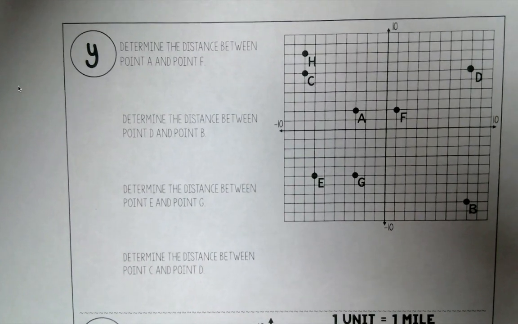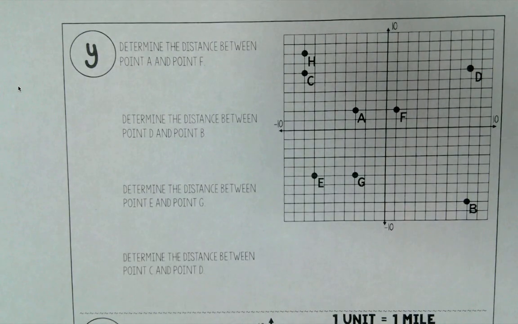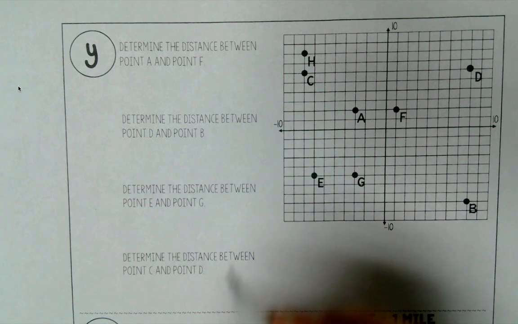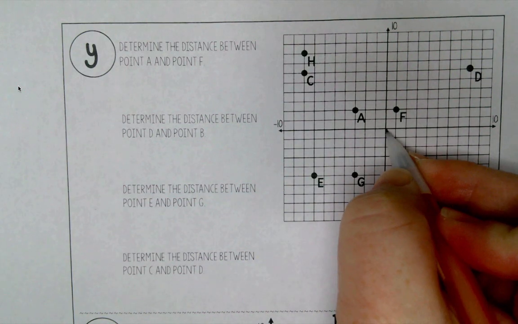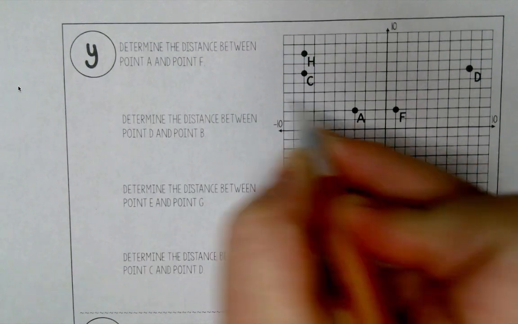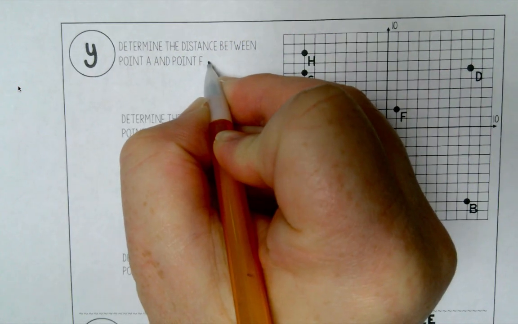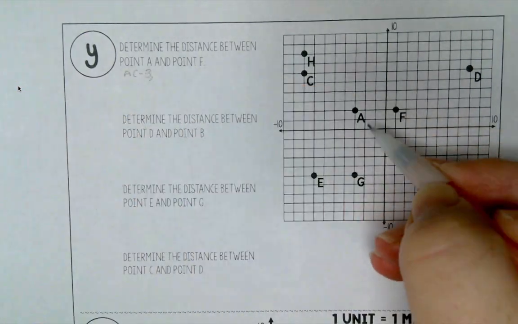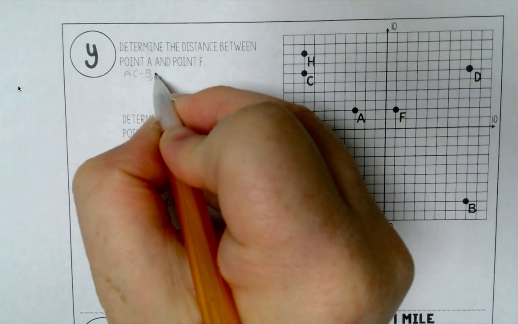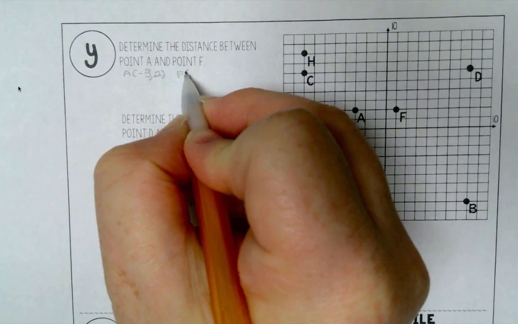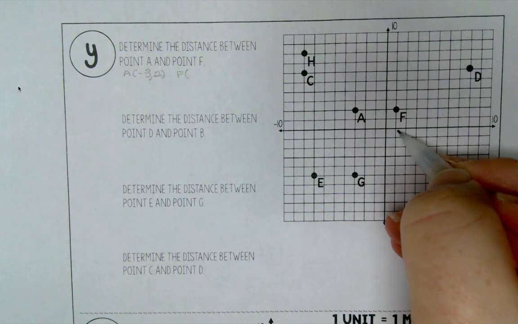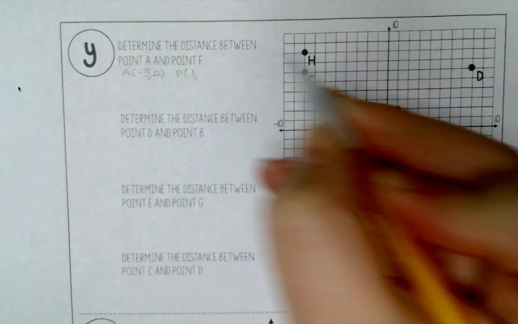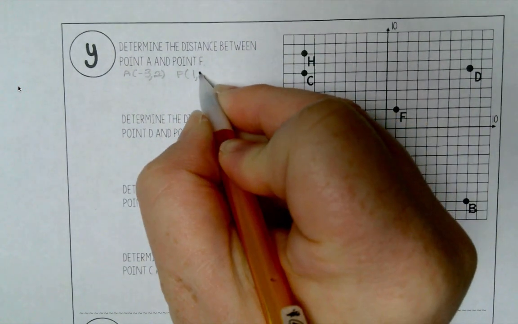Determine the distance between point A and point F. So point A is from the origin, negative 1, 2, 3, positive 2. And point F is positive 1, comma, positive 2.